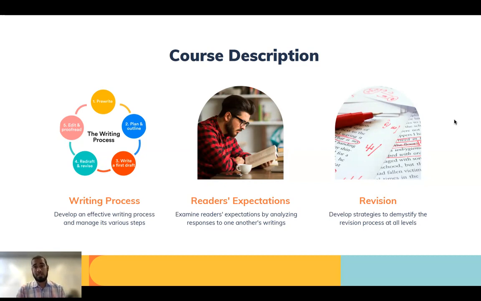The second thing that we discuss in detail is the reader's expectations approach. So we examine reader expectations by analyzing responses to one another's writing at different levels. Readers may have some expectations from a paragraph, and they have different expectations from sentences. They have some other expectations from different sections.